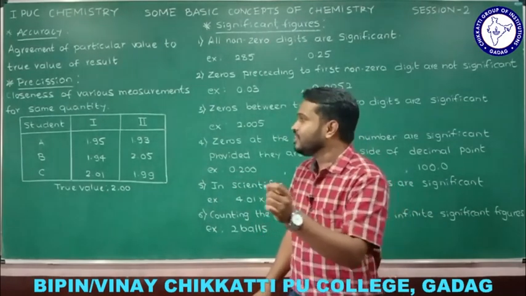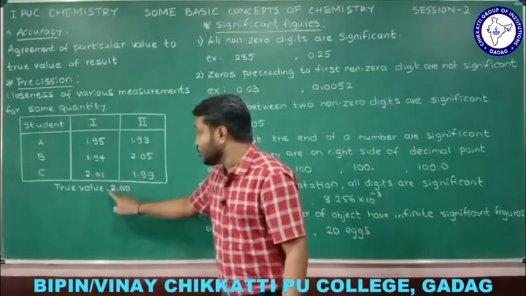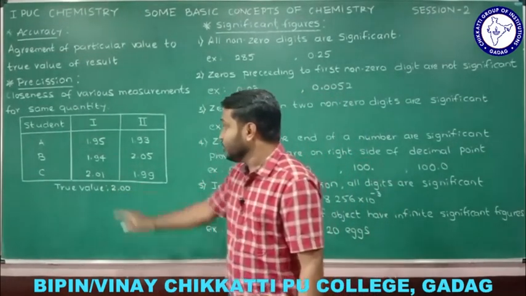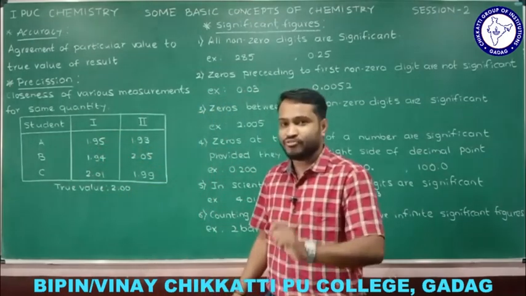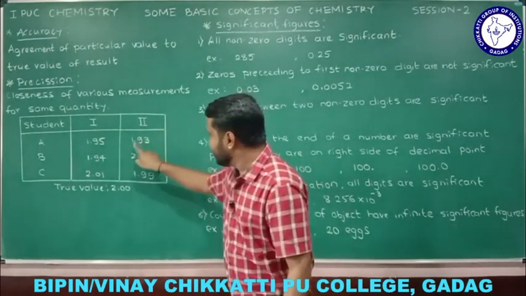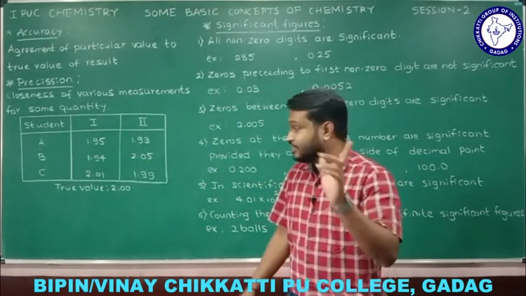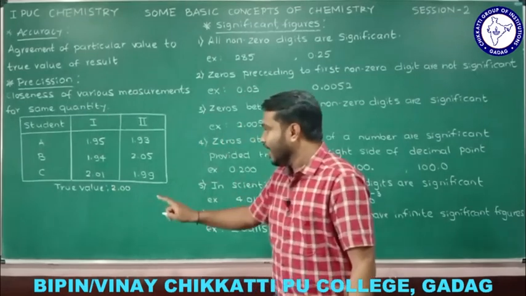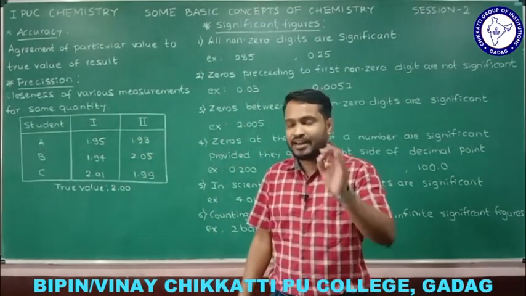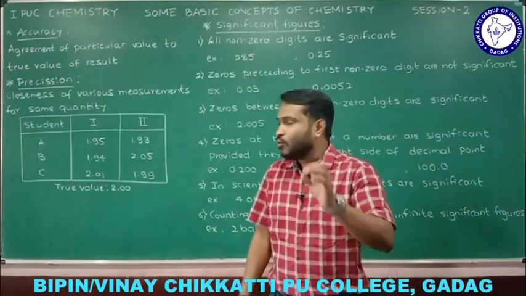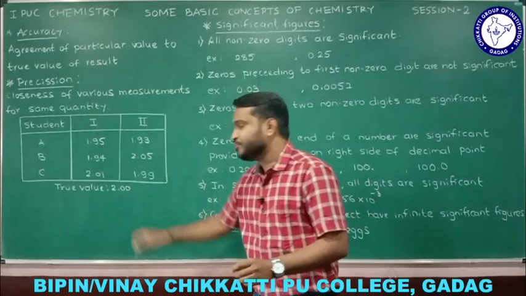Now we'll see what kind of readings student A got. The actual true value is 2.00. Student A, the first time, gets 1.95. The second time he gets 1.93. So the true value is 2.0 and he got 1.95 and 1.93, and one can easily guess that 1.95 and 1.93 are far away from 2.